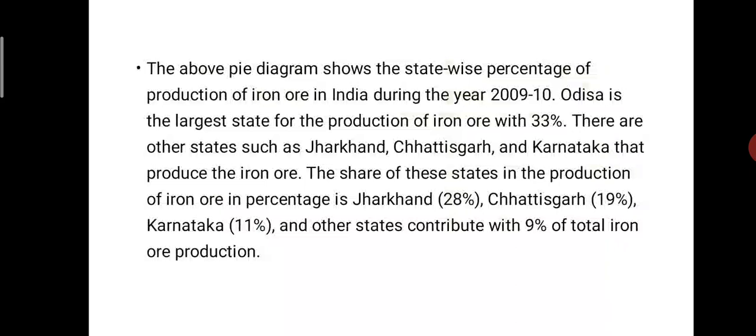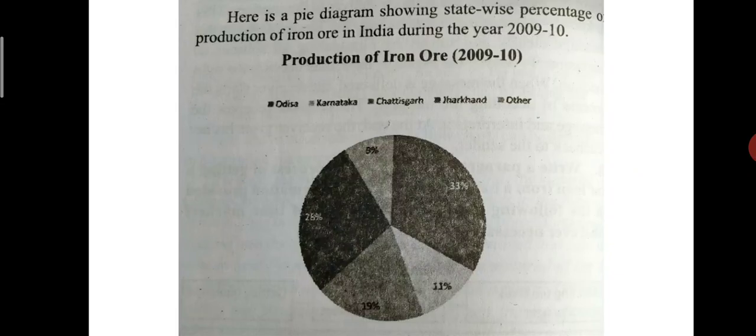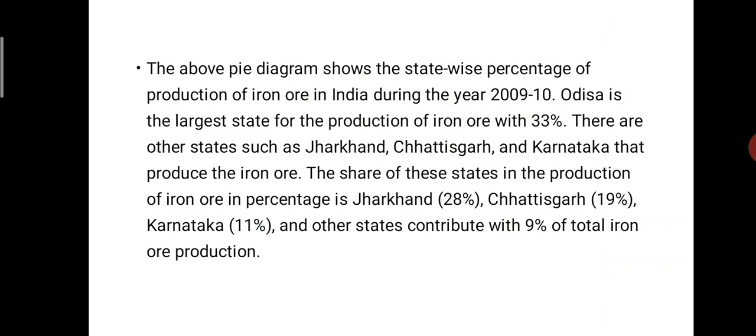See, here is the description of that particular pie diagram. This pie diagram, that is the above pie diagram, shows the state-wise percentage of production of iron ore in India during the year 2009-10. Odisha is the largest state for production of iron ore with 33%. There are other states such as Jharkhand, Chhattisgarh and Karnataka that produce iron ore.